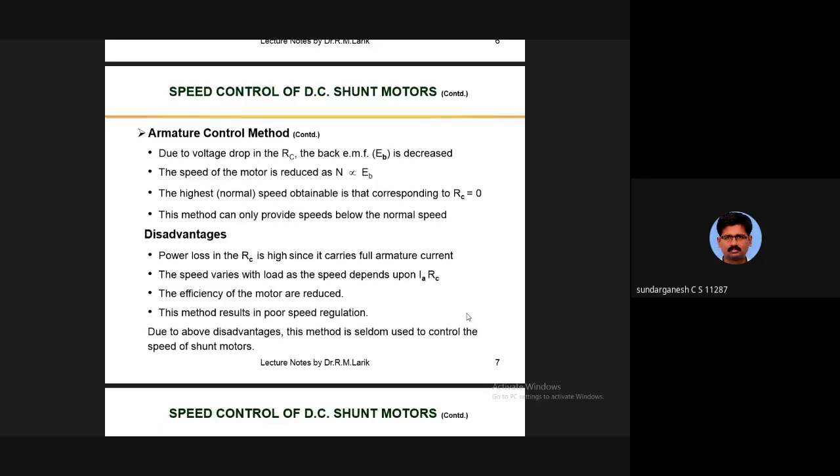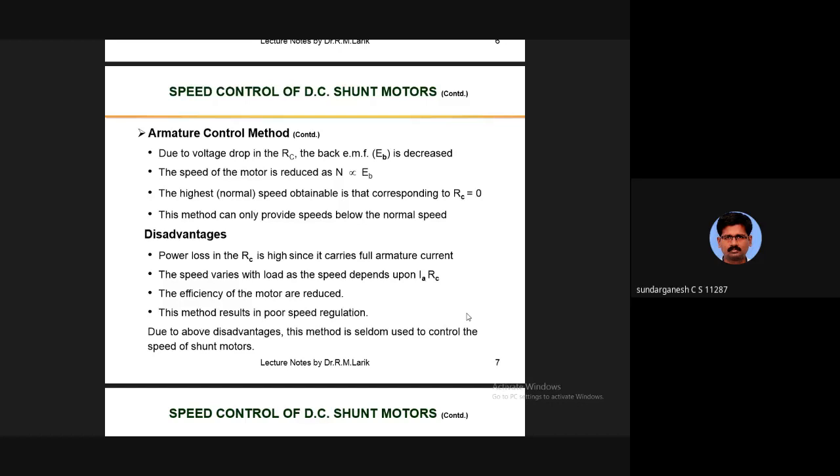Next, the speed depends upon the load, and it depends upon Ra and also Rc. So you cannot get speed above the rated speed. Since the controller resistance produces some voltage drop, the efficiency is reduced. This method has only poor speed regulation.